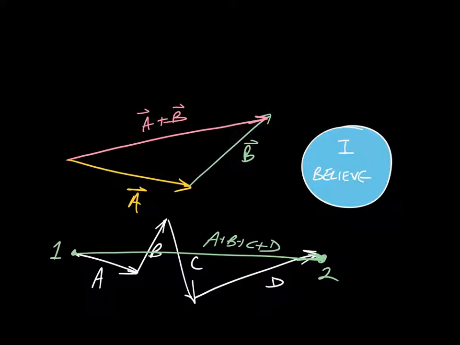The displacement of the entire path is less than the path length in this case. So I could treat each individual path length as a vector if I put it in the same coordinate system.